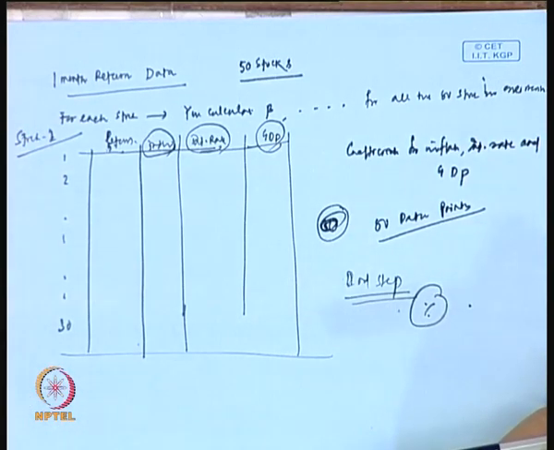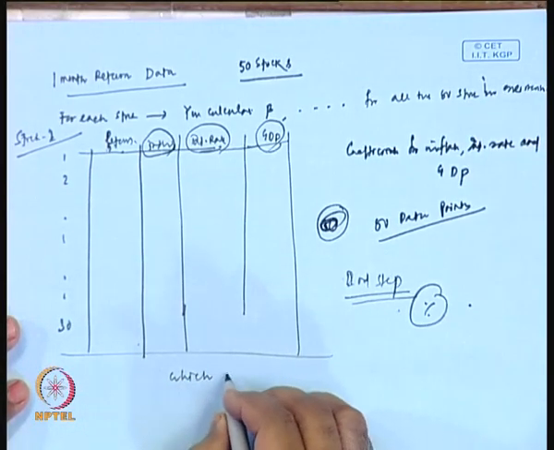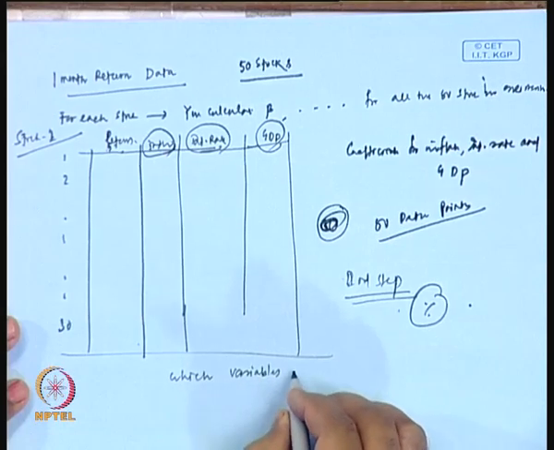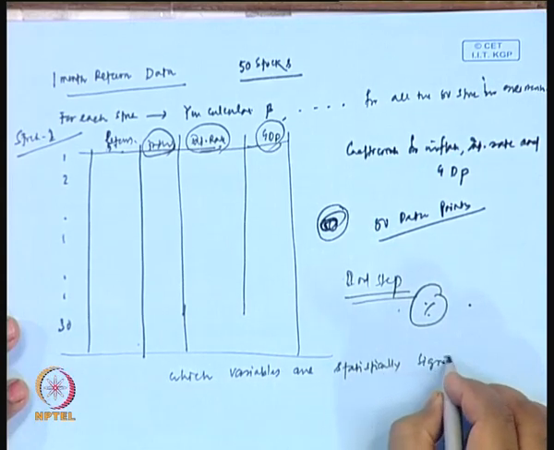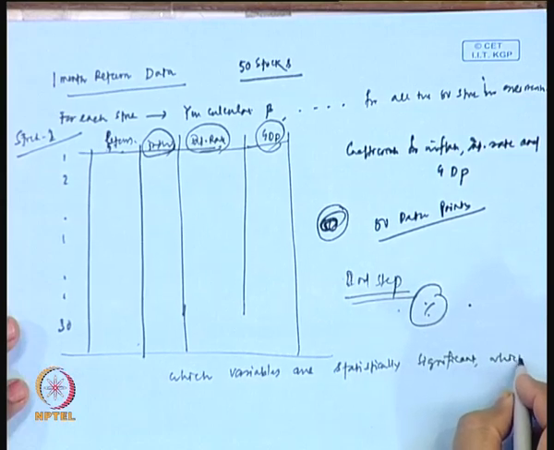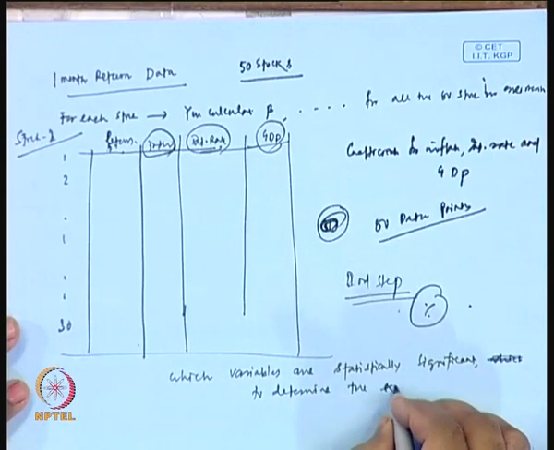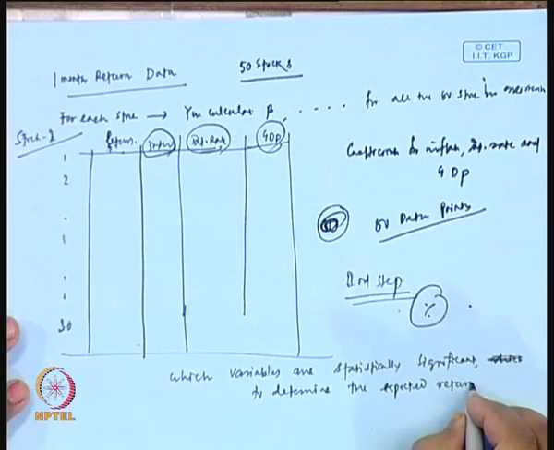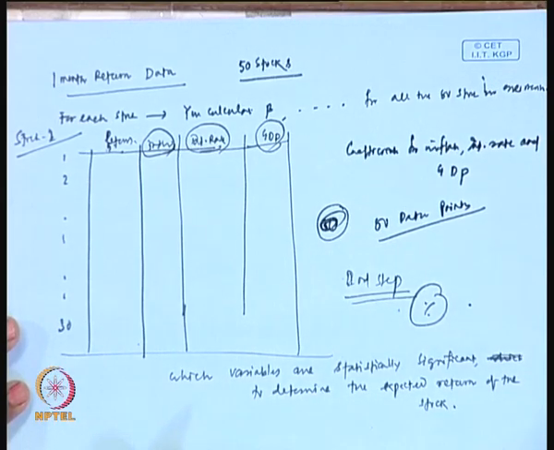And what is the conclusion they found? They found that the expected return will be calculated, and out of them they can say which variables are statistically significant to determine the expected return of the stock, that we can get from here.